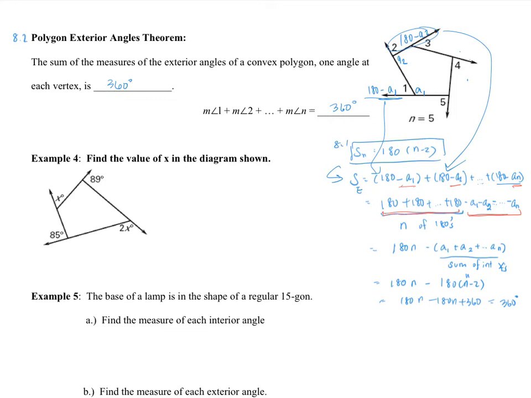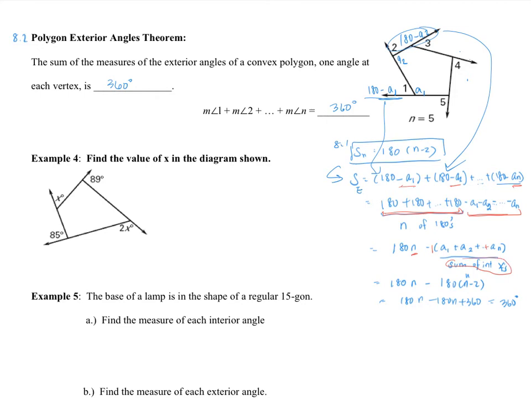So by the distributive property, I can factor out n 180s, and then I could factor out the -1 here and say that A1 plus A2 plus A sub n will represent the sum of the interior angles.